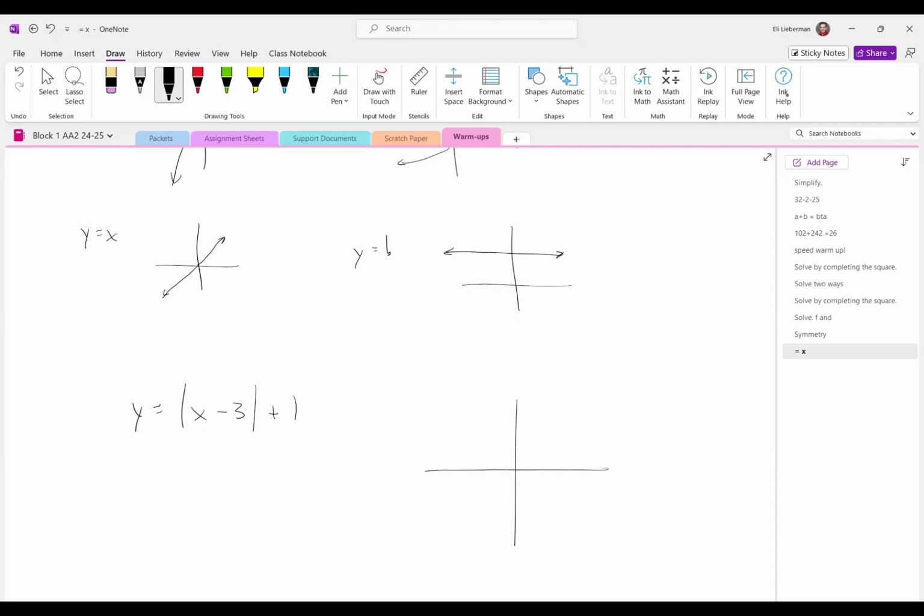Make some tick marks appropriate. You don't have to go to 10 in each direction, unless you need to go to 10 in each direction. Check with your neighbor when you are done or stuck.